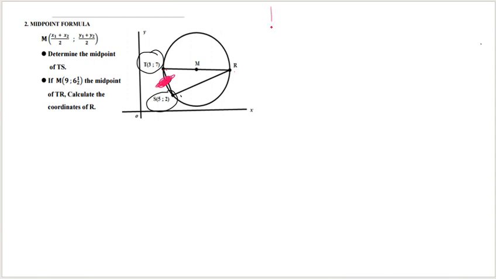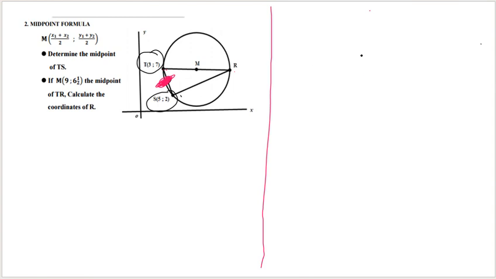Okay, now let's use the formula. They want the midpoint of TS. Actually there is no need to write mid TS equals. You just write the formula first as it is.